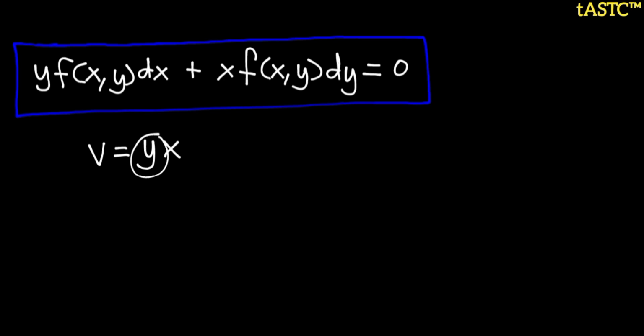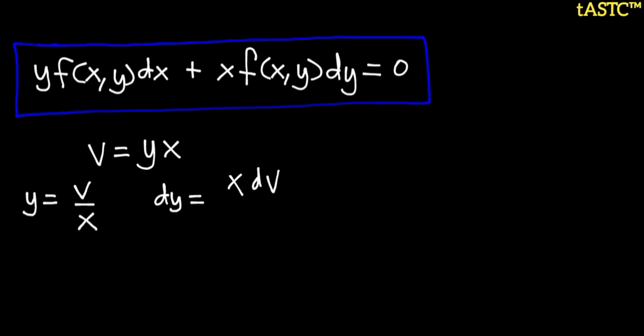Next up, we're going to make y the subject. So that will be y equal to v divided by x. Now you want to differentiate this, and that is actually going to be done with the quotient rule. So dy here is going to be x dv, and that is reasonable.